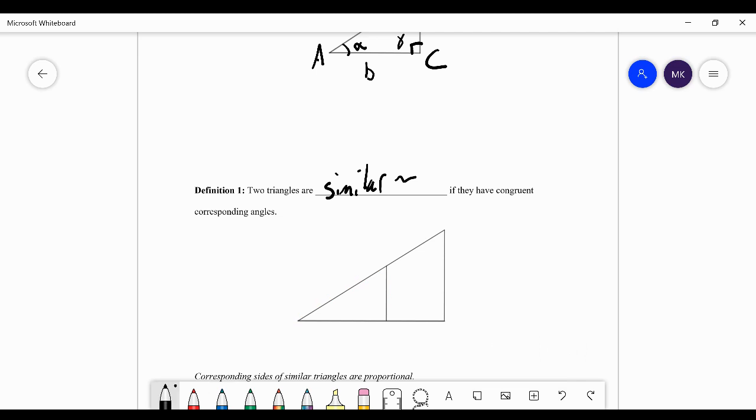What I'm going to do is label the smaller triangle in standard labeling, just with the vertices, so we have our A, B, and C. Then especially in a situation like this, we'll use an apostrophe, and I'll say that this is B prime and C prime. That's our way of annotating our second, larger triangle. So that triangle would be A, B prime, C prime, whereas our first triangle is A, B, C.